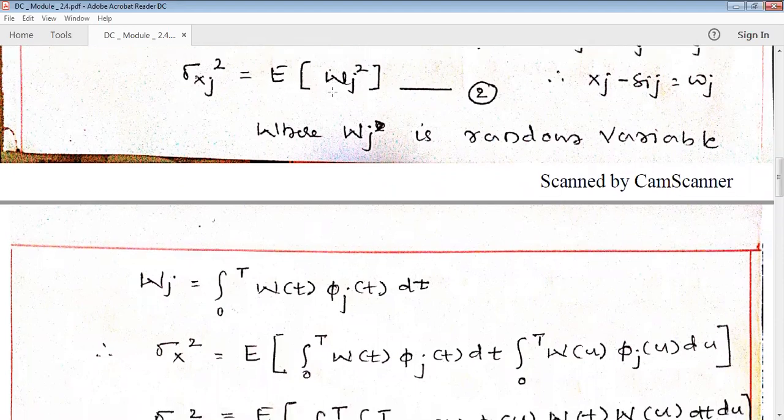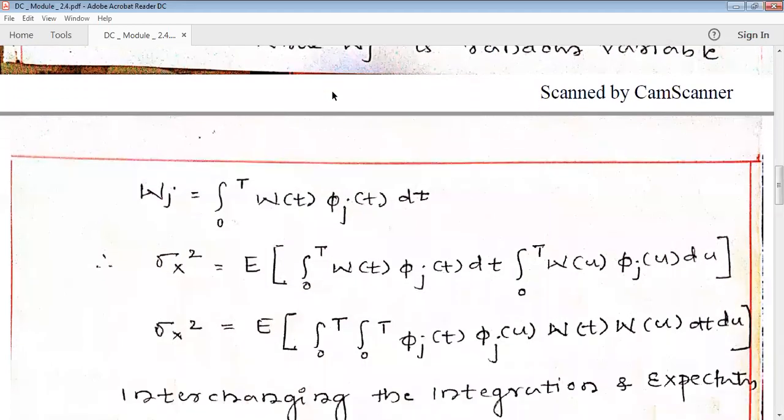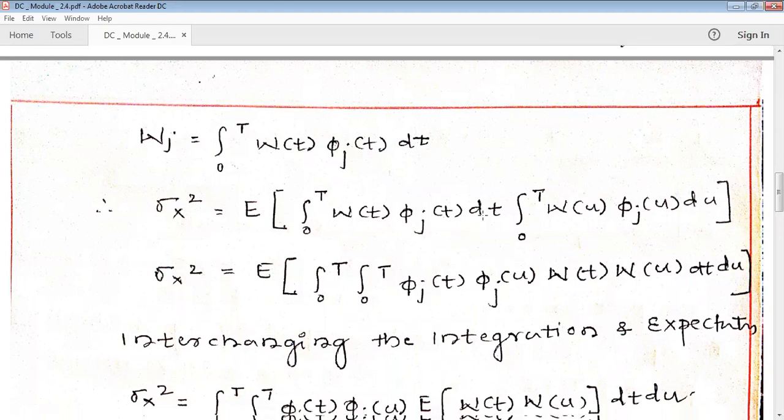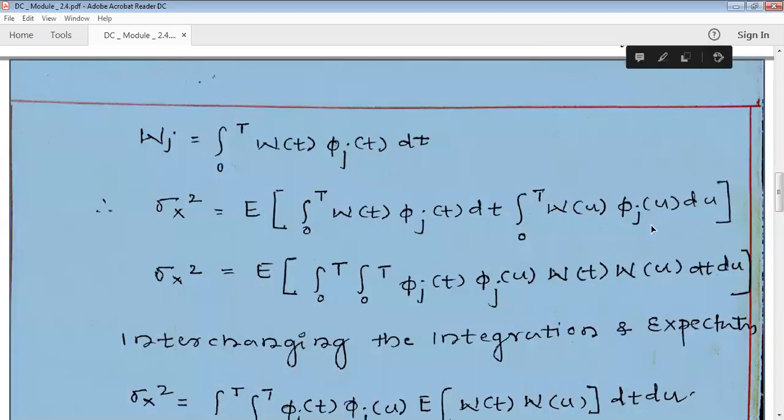The first Wj is nothing but the integral from 0 to T of W of t phi j of t dt, and for the other Wj, just to distinguish between the two integration terms, I will consider another argument, that is u. So the second Wj can be defined as the integration from 0 to T of W of u phi j of u du.